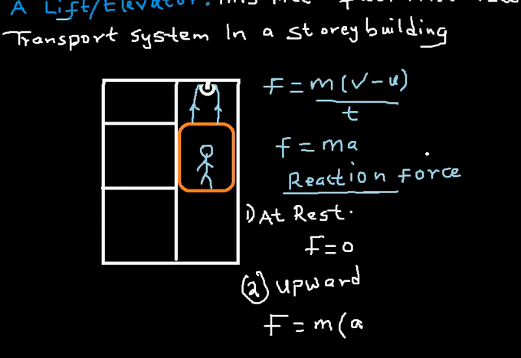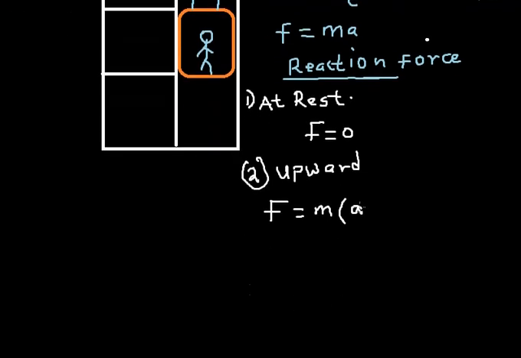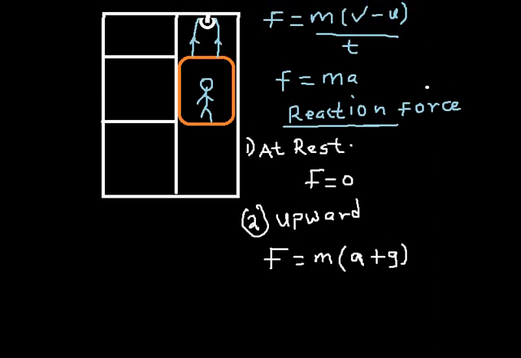So a is positive, acceleration is positive, then of course plus g. There's also acceleration due to gravity, because the elevator is not moving horizontally. The elevator is moving upward or downward, so g must be included in the formula for the reaction force.